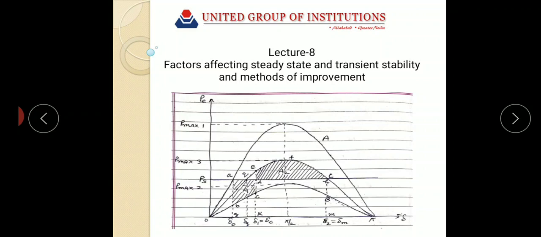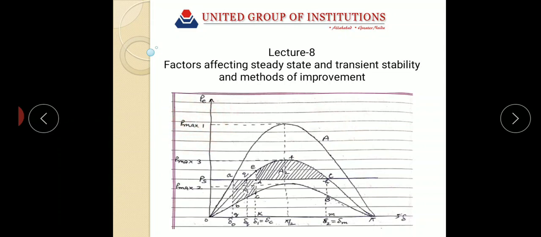Here are three maximum values, Pmax1, Pmax2 and Pmax3. This is the condition when a double circuit line is in operation, and a synchronous generator transfers the power through the double circuit line to an infinite bus. So when both lines are in operation, the reactance is less. In the relation Pmax equal to EV by X, the value of Pmax is more.